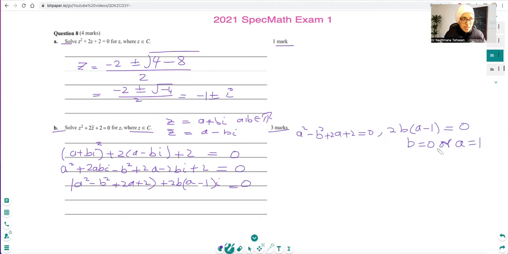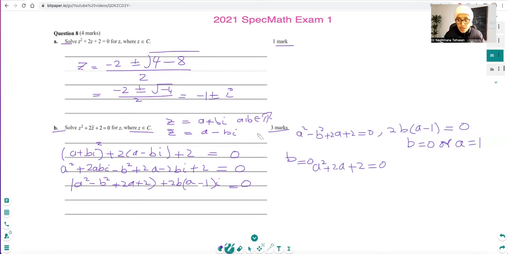What happens if b is equal to 0? Let's say b is equal to 0, that would give us a squared plus 2a plus 2 equal to 0. So this equation looks exactly the same as in part A of the question. But imagine here we're saying a and b are real numbers.